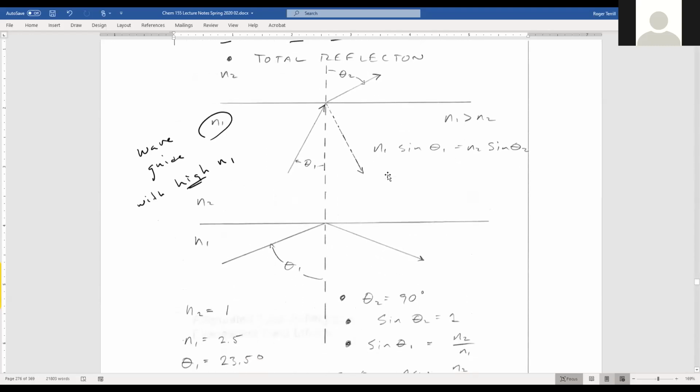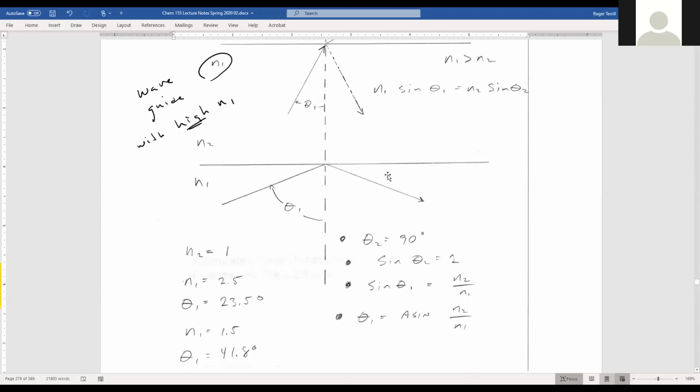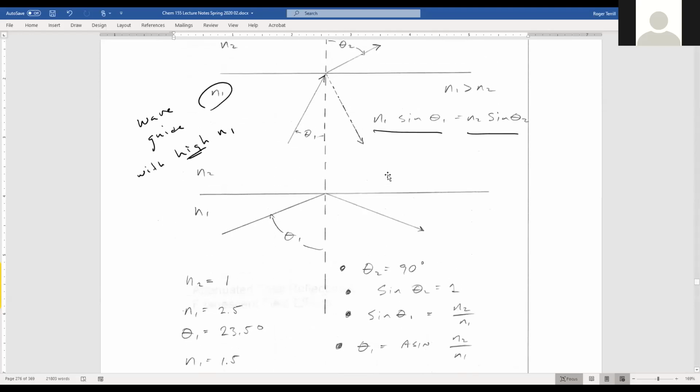And you take advantage of Snell's law here, right? And what this means is that N1 sine theta 1 will always equal N2 sine theta 2, right? But at a certain point, this angle here, theta 2, will be greater than or equal to 90 degrees, right?